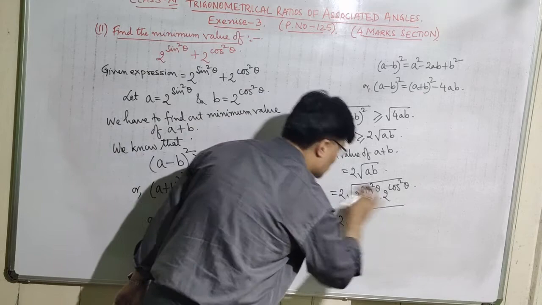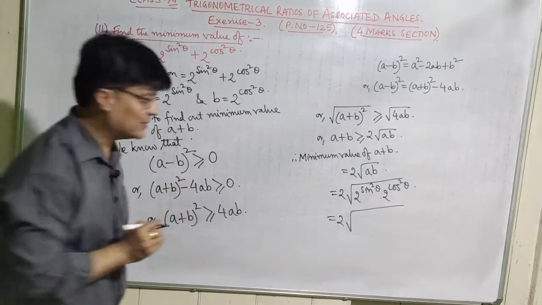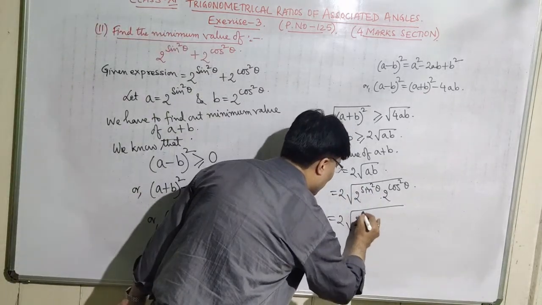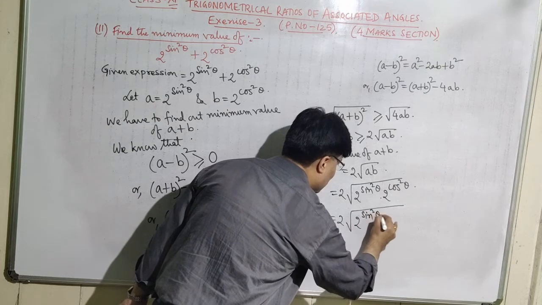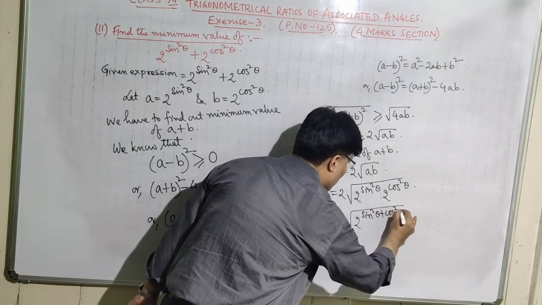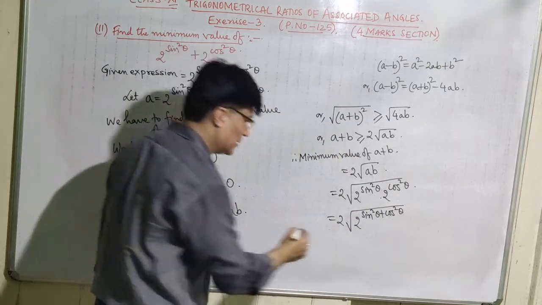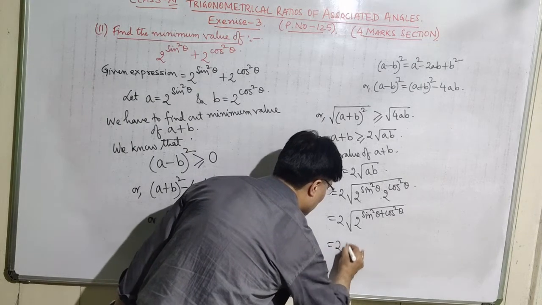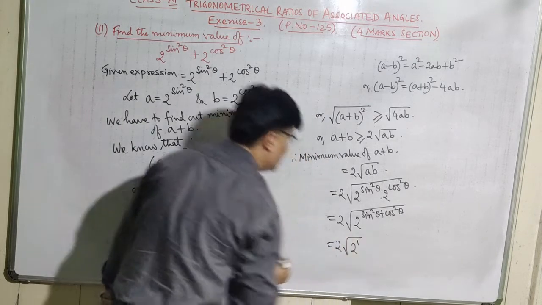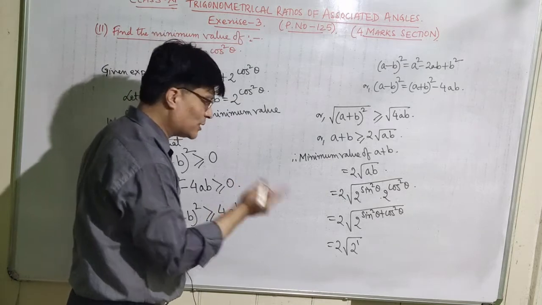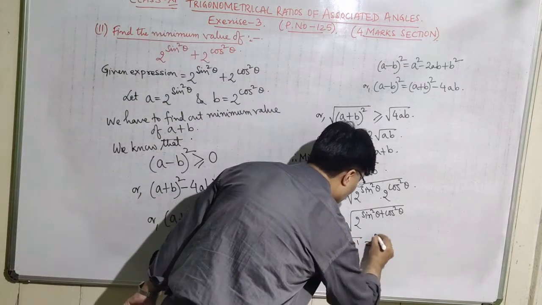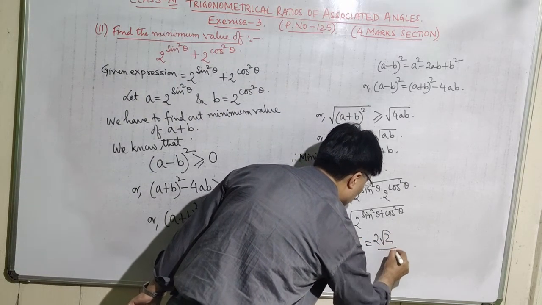If we multiply, the powers will be added. So it is 2 to the power sin square theta plus cos square theta. What is sin square theta plus cos square theta? That is 1, which is equal to 2 root over 2.